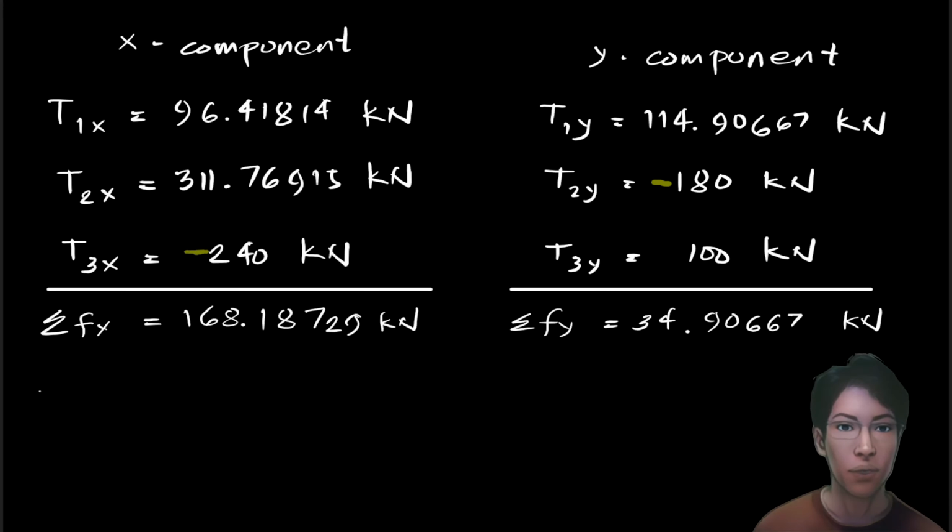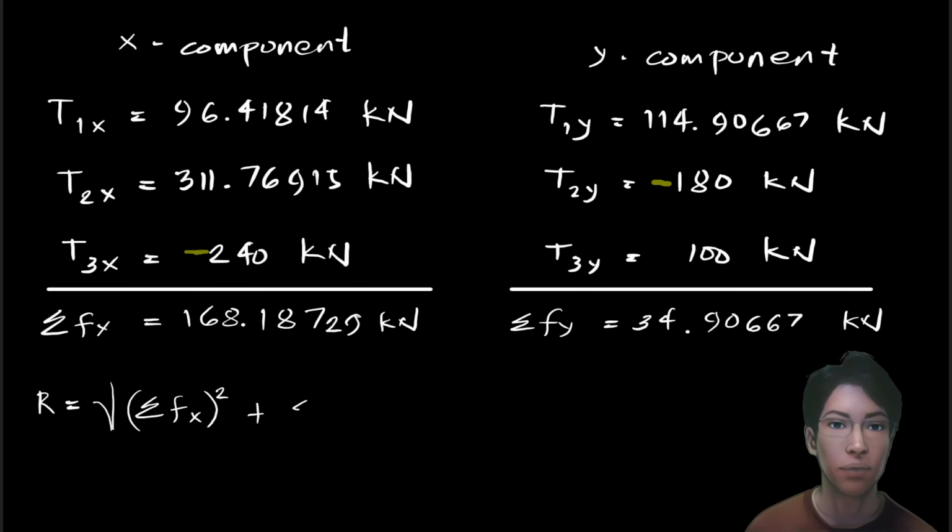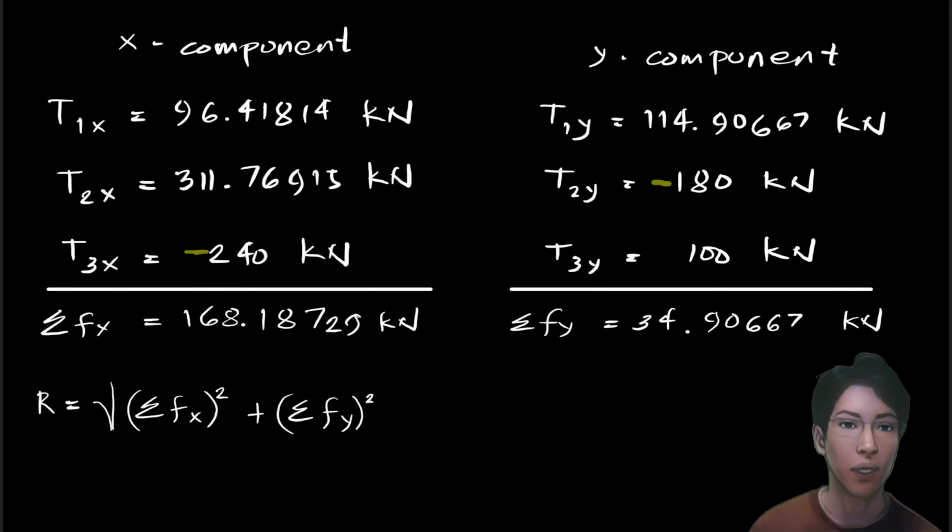And the resultant force is the square root of the summation of forces or vector along x plus the square of the summation of vectors along y.